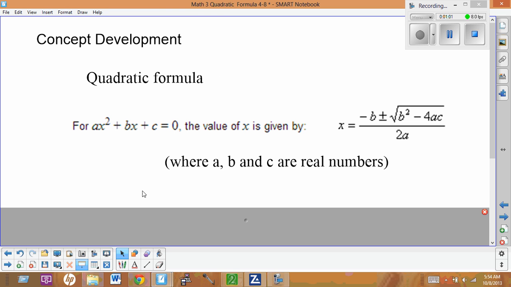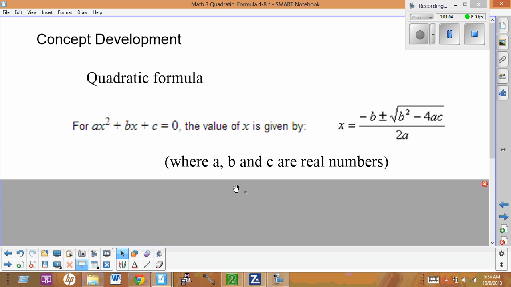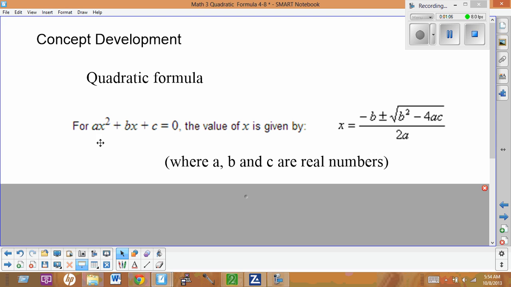Okay, let's look at the concept. This is the quadratic formula. It says for ax squared plus bx plus c equal to 0. So there's the standard form again. If we have our quadratic equation in standard form, the value of x is given by, so this is the "then" part.